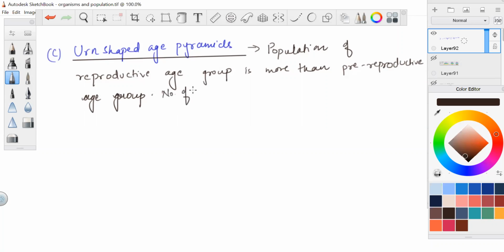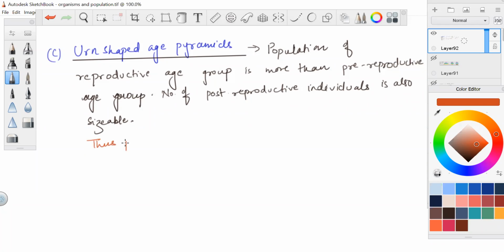And also the number of post-reproductive individuals is sizable. With this kind of age pyramid, the population shows negative growth. So they reflect a declining population.